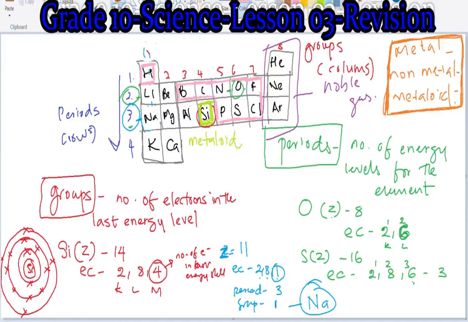So these are your non-metals. The pink is your non-metal. Oh, I'm sorry. Boron is also a metalloid. So you have two metalloids now.